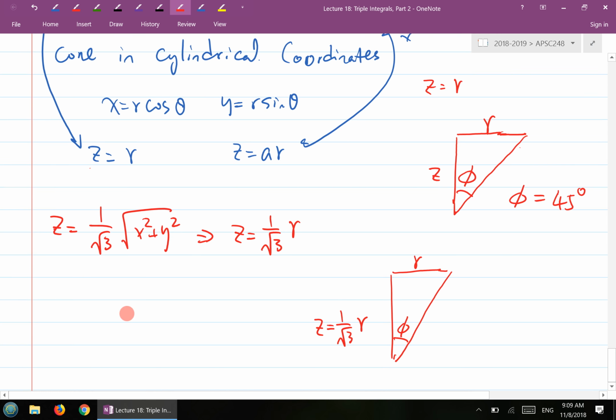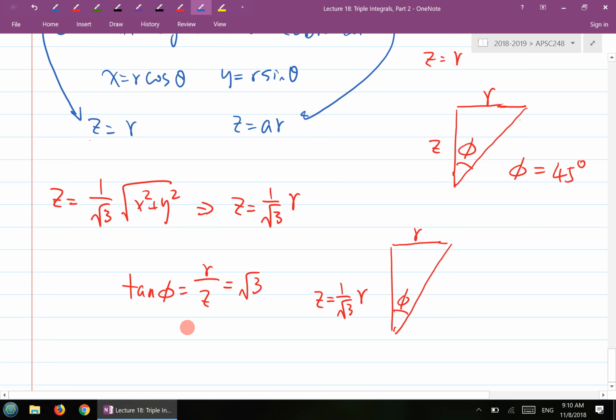Using trig identity, tangent phi equals the opposite side R divided by this side Z. So it's R divided by 1 over root 3 R, equal to root 3. If you look at the table, when tangent phi equals root 3, that's a special angle. How much? 60 degrees. That's right.